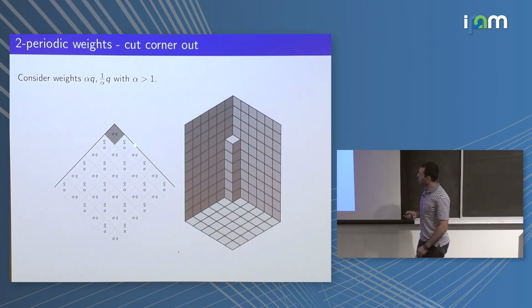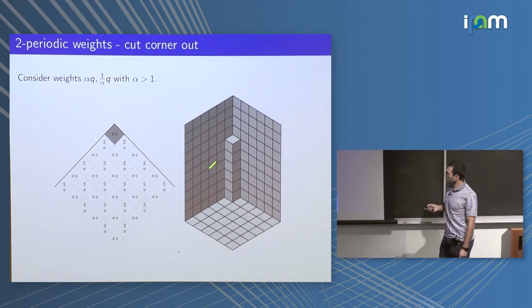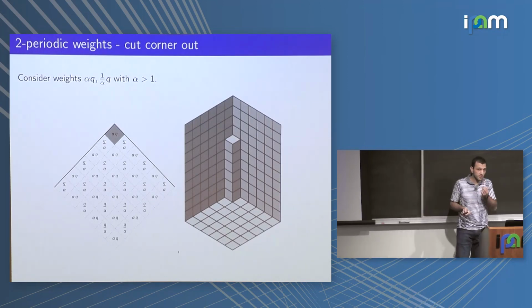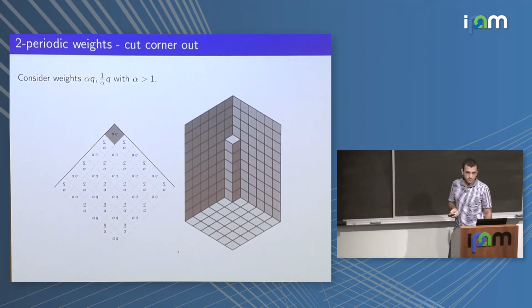So q is close to 1, so basically the weight is going to be close to alpha. But what that means is that if I have a stack of boxes here, say of size 6, then the weight associated to this stack is going to be alpha to the 6. So it grows exponentially. That means that the partition function is going to be infinite, so the model isn't going to make any sense.